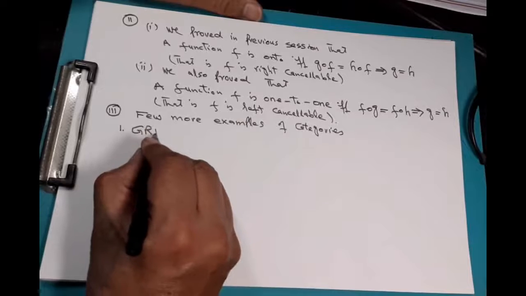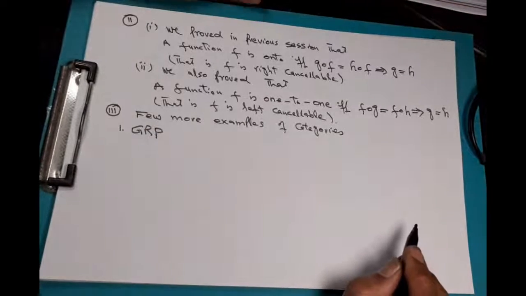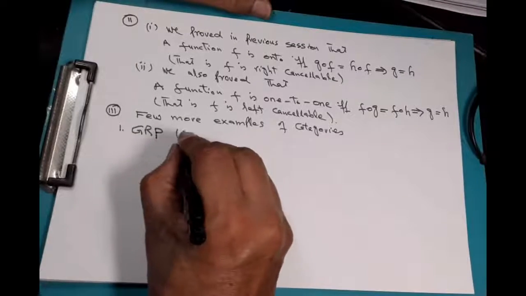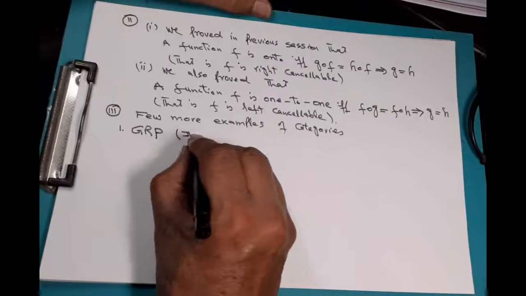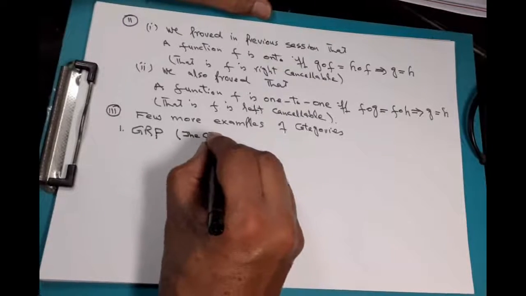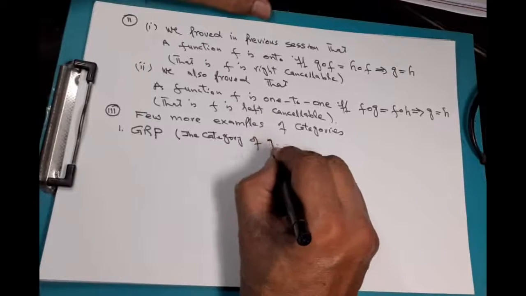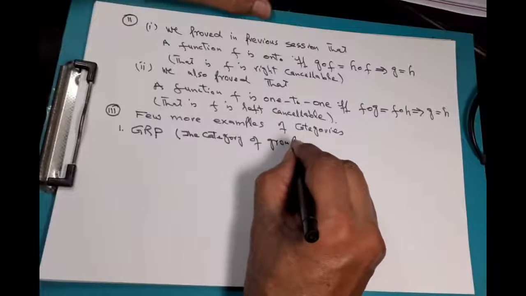We denote it by GRP. This is in fact the category of groups and group homomorphisms.